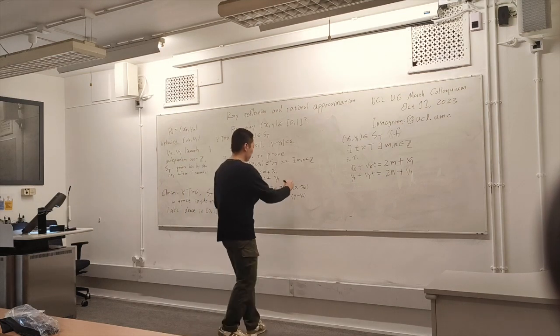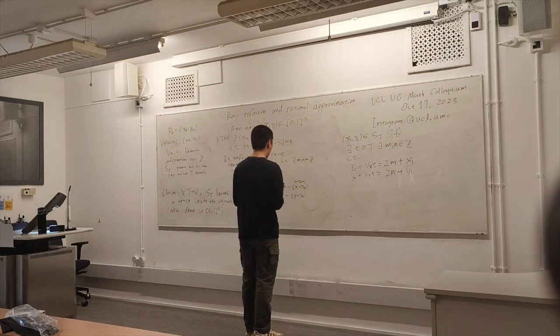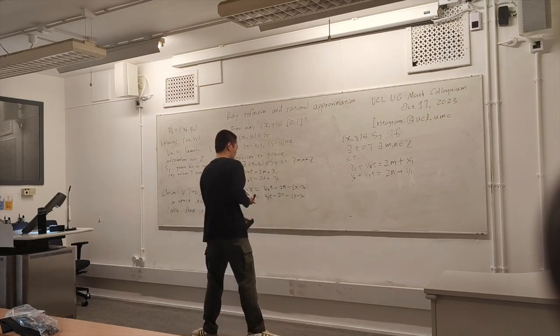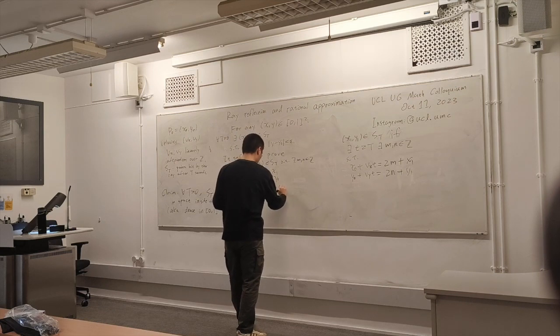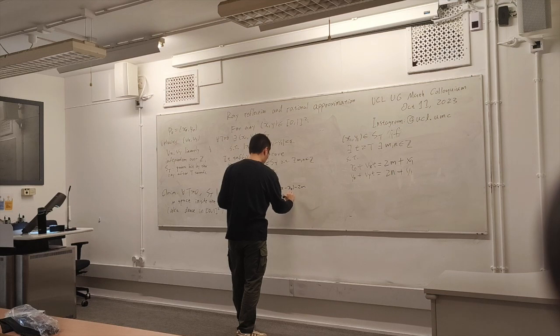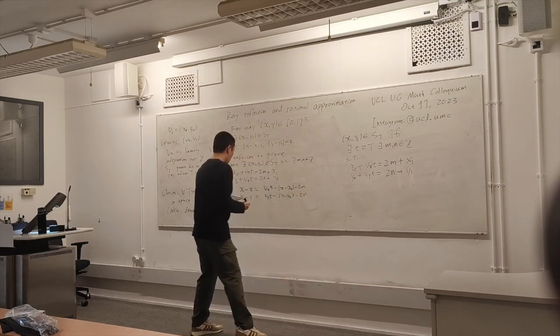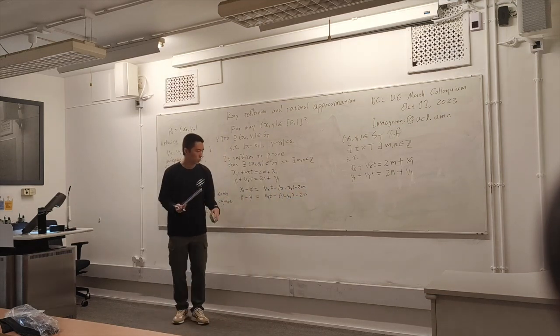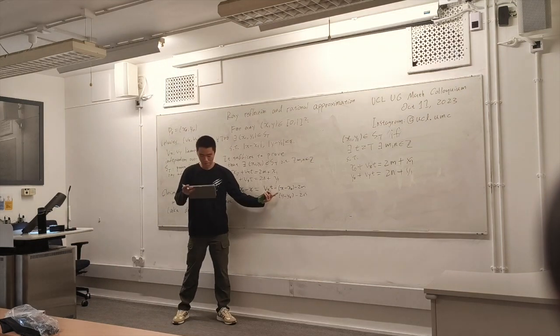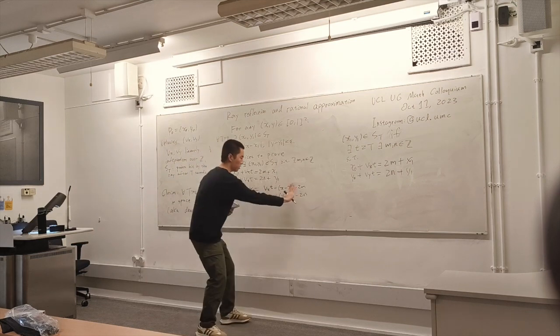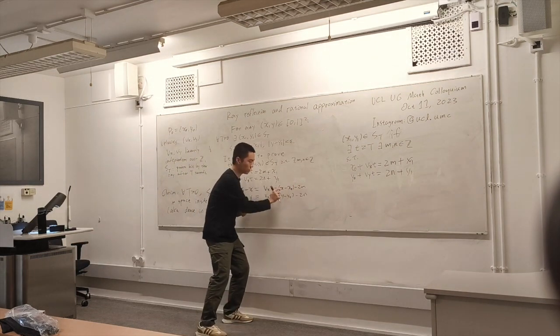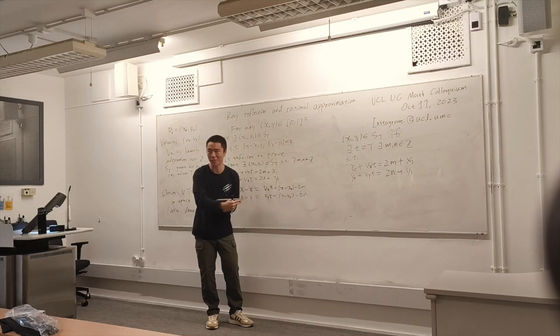We can write it in another fashion. We just leave the integers in the end. So this is x minus x0 minus 2 times n, and y minus y0 minus 2 times n. So what we are doing here is that we are trying to make these two quantities approximate even integers.